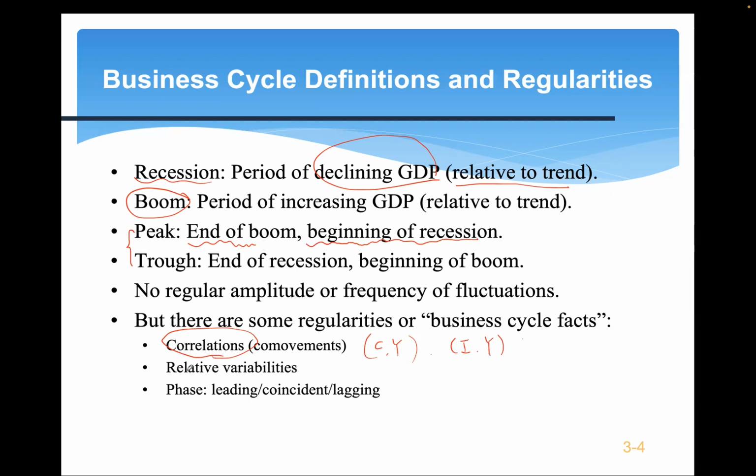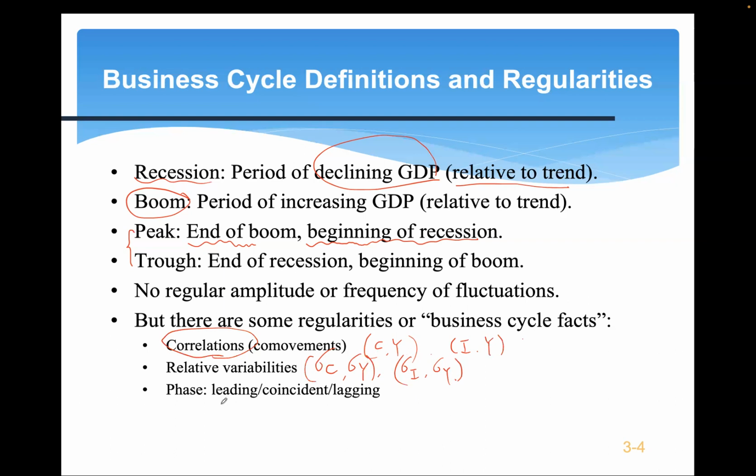And then we also have relative variability, meaning the volatility of C versus Y, usually using sigma to refer to volatility, and the volatility of I versus Y, and so on and so forth. This is something where we're going to see some patterns.